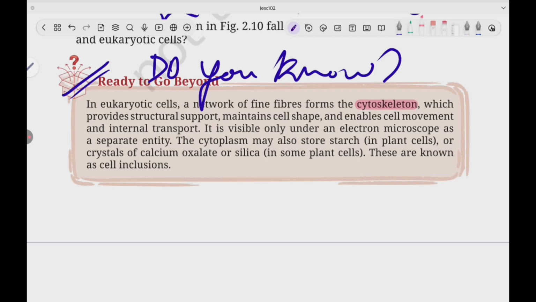It is only visible under an electron microscope as a separate entity. Cytoplasm may also store starch in plants, or crystals of calcium oxalate or silica in some plant cells. These are known as cell inclusions.